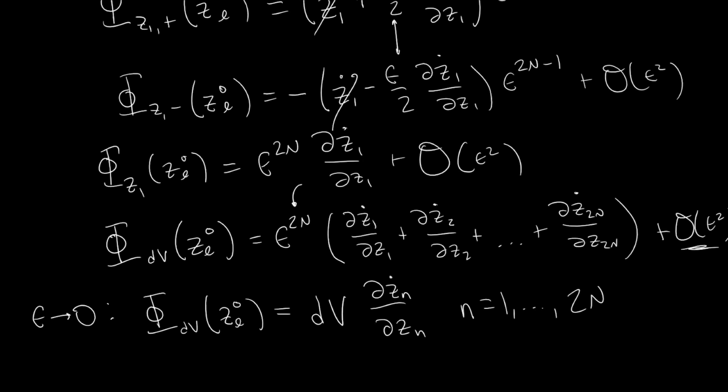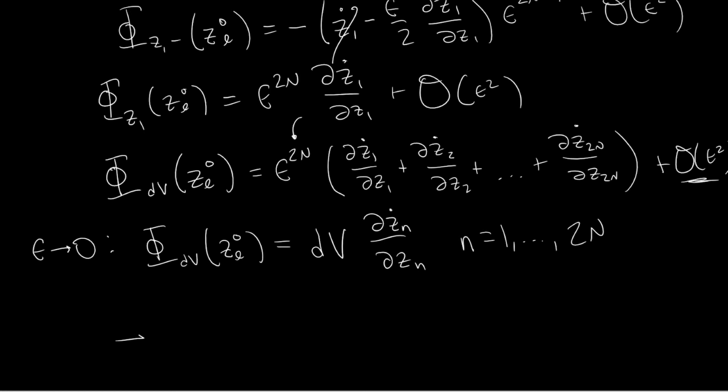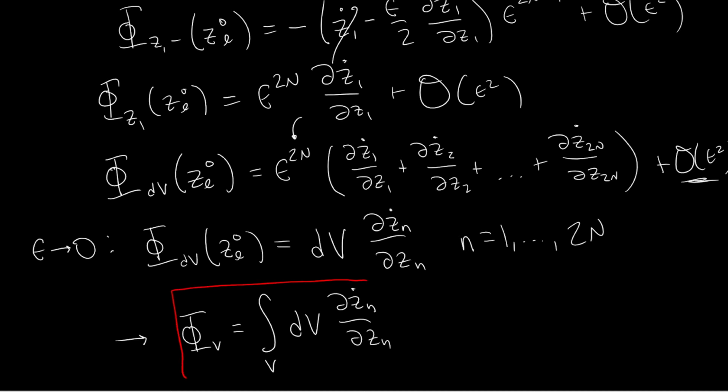Okay, so now to get my total flux through this surface, I just add up all of these fluxes, which means I just integrate over all of these little volumes. So I find that phi, the flux out of the total volume, is equal to the integral over the full volume of dż_n/dz_n.